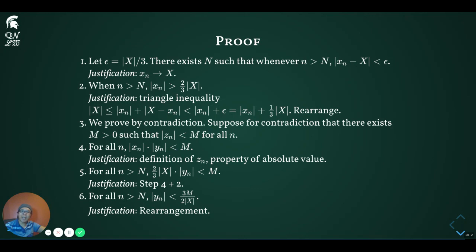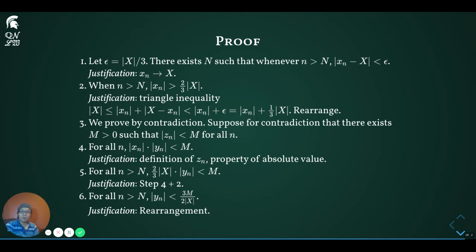So there is some capital M that is larger than the absolute value of z sub n for all natural numbers n. Using the definition of z sub n as a product, this means that the product of the absolute values of x sub n and y sub n together is less than M. When the index is bigger than capital N, which we found in step 1, we can use the conclusion of step 2.